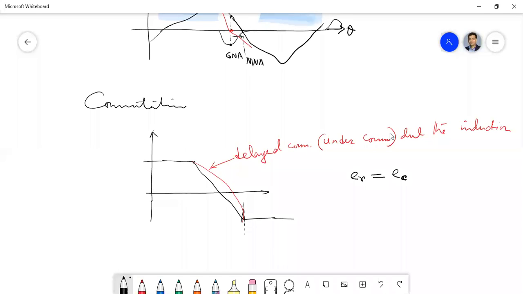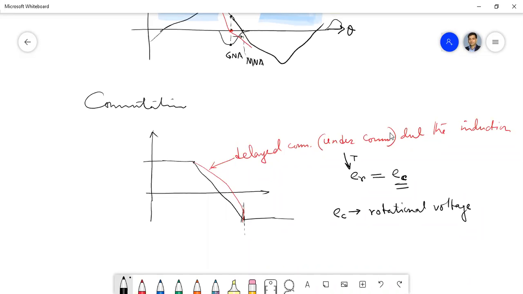But how can we implement this EC? Now, this EC we can implement by rotational voltage. And remember, I already mentioned, I think, this ER is basically transformer EMF.